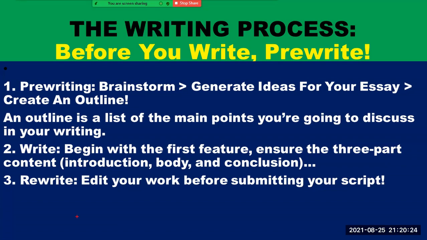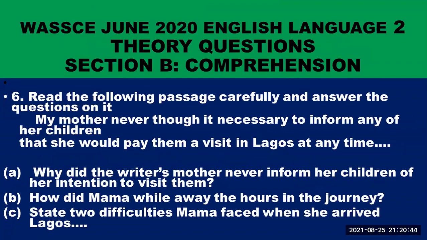All right. Then in rewriting, you edit your work before submitting your script to ensure that you correct all errors that may lead you into losing marks. All right. So let's now go further. We have seen the writing process. Now we are going to section B, which is comprehension.